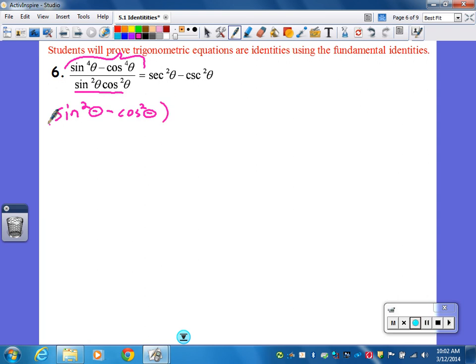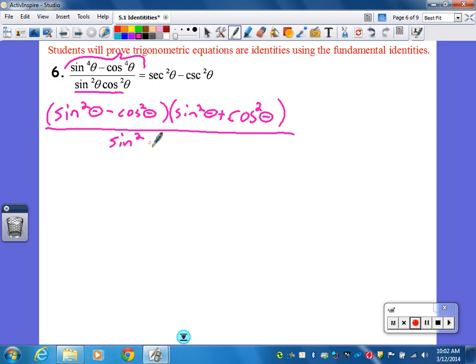And that's gonna multiply by sine squared theta plus, I mean cosine. See? Cosine squared theta. Okay. Now my denominator stays the same. There's a lot going on there, okay?